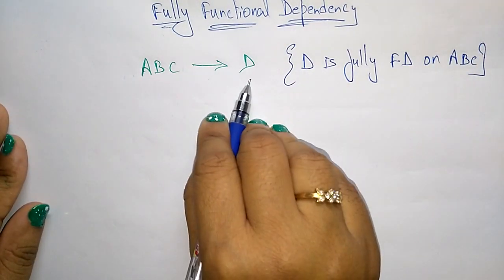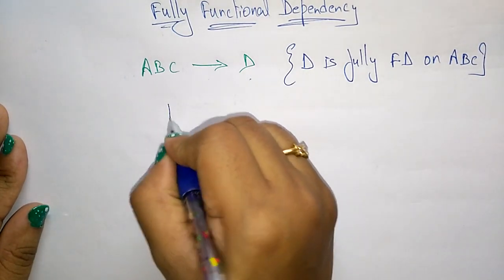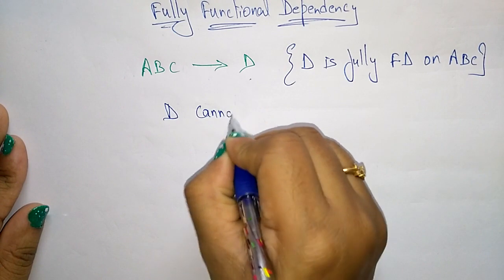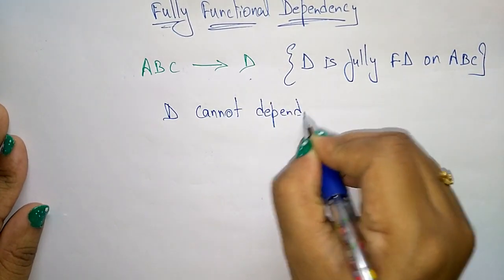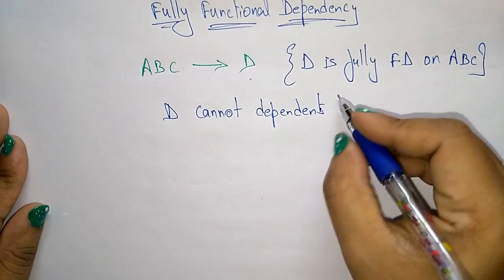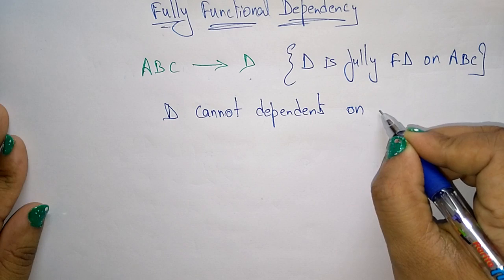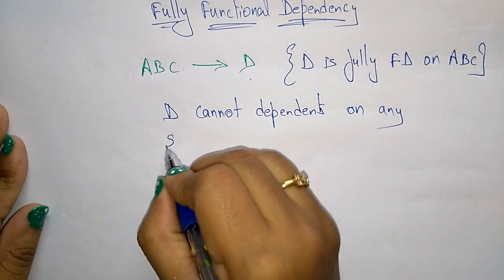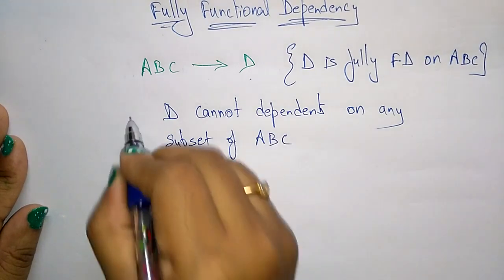Suppose D is fully functional dependent on ABC. It means D cannot depend on any subset. You can take any subset of ABC.